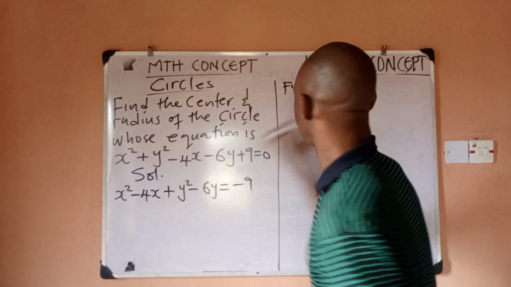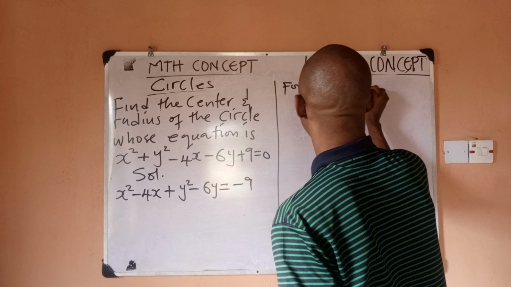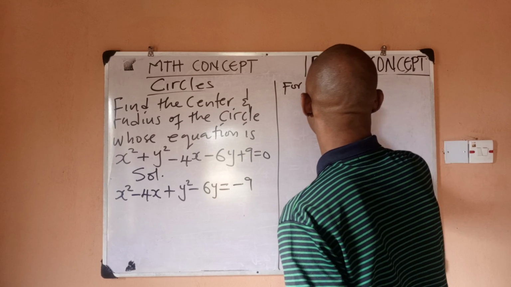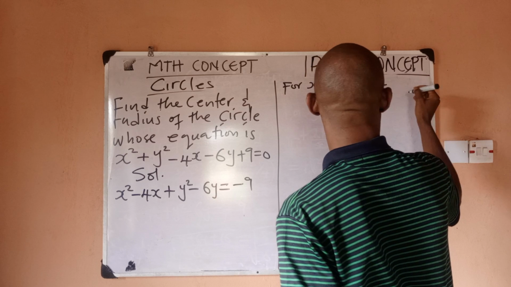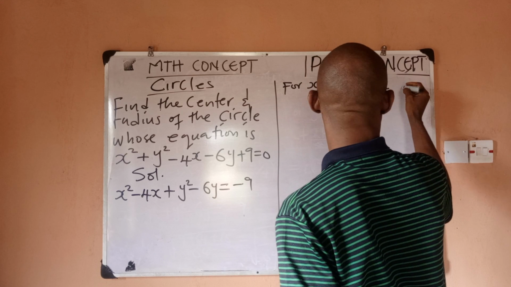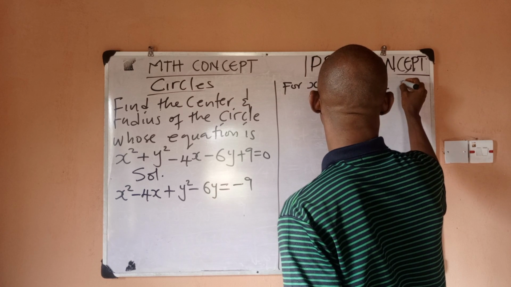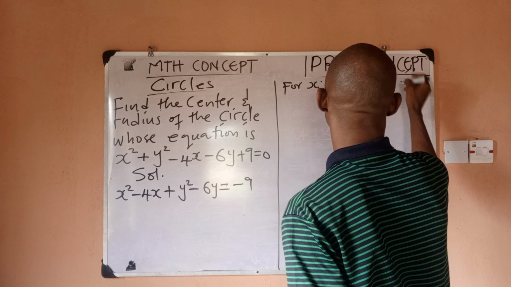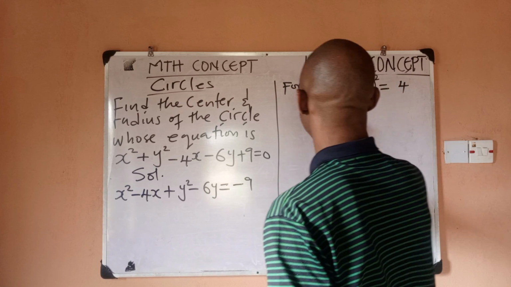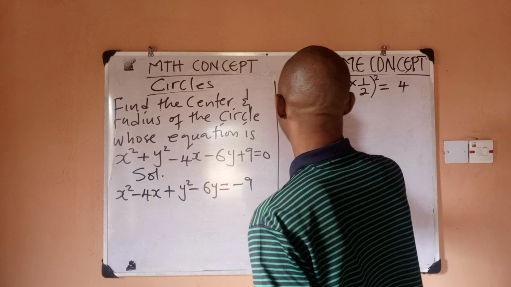I would half it, so I would multiply it by 1 over 2, then I would square it. So this is going to give me, this and this is minus 2. Minus 2 to the power 2 is what? 4.